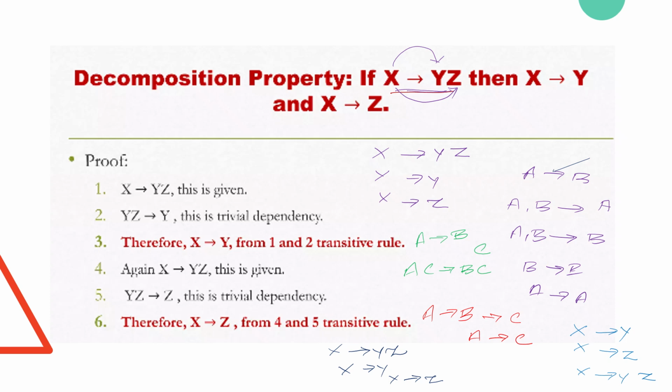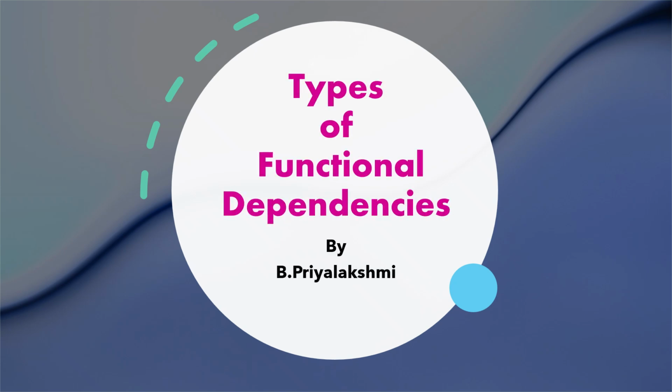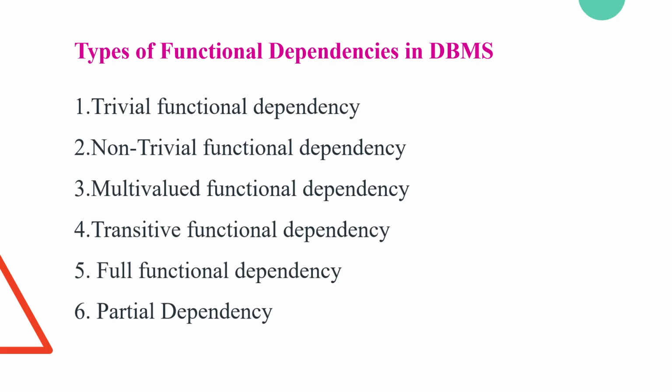Okay, so next we'll move to types of functional dependency. We have the following types: trivial functional dependency, non-trivial functional dependency, multi-value dependency, transitivity dependency, full functional, and partial dependency. We can discuss one by one.